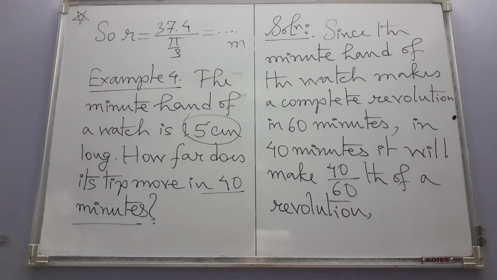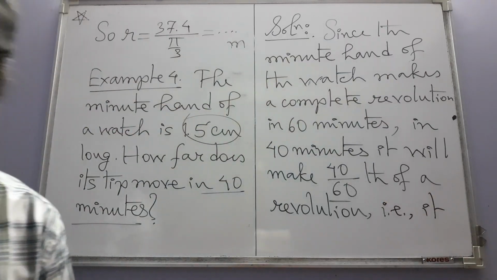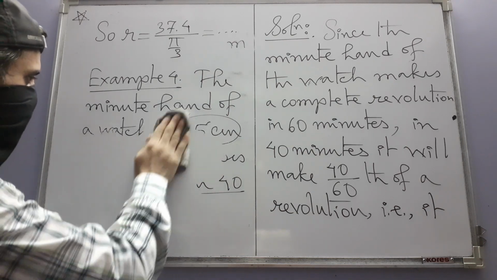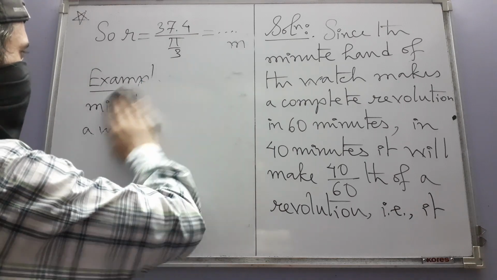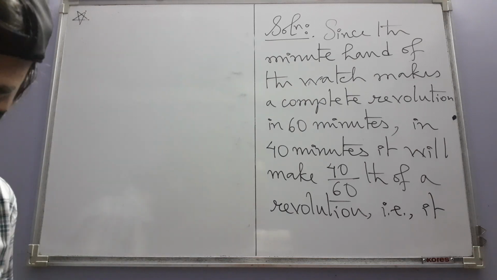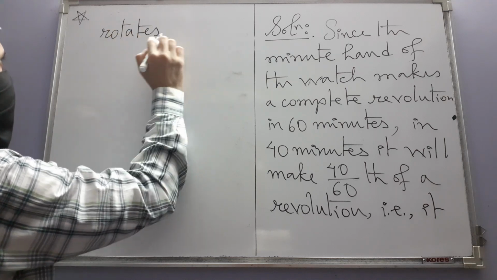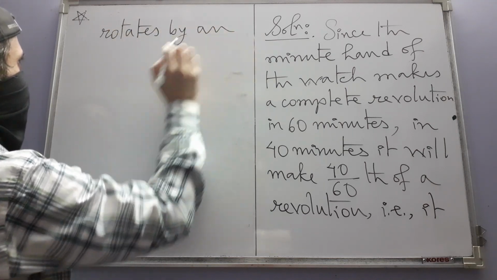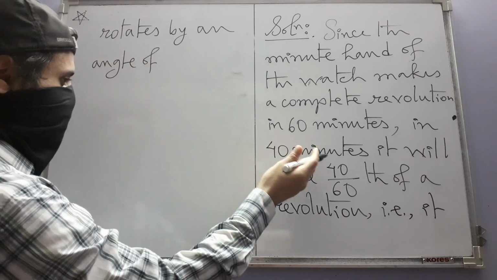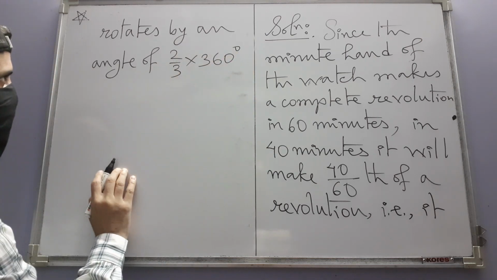So what does it mean? What angle is this? It rotates by an angle of, so this means 2 over 3 times 360 degree.